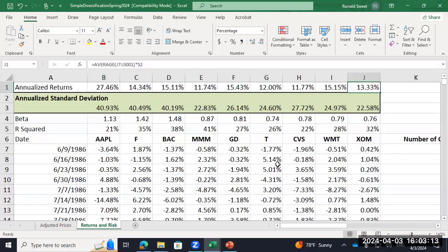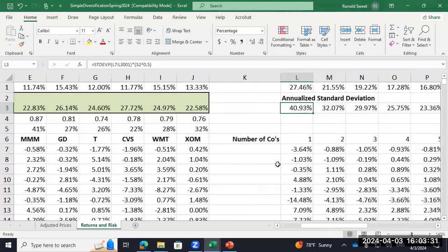When you diversify this portfolio, here's the standard deviation of each one of these stocks. Apple actually also has the highest standard deviation, but you see all the way down the line, Exxon has one of the lowest returns, but a very, very low risk. If you put all your money in Apple, this would have been your return and risk.